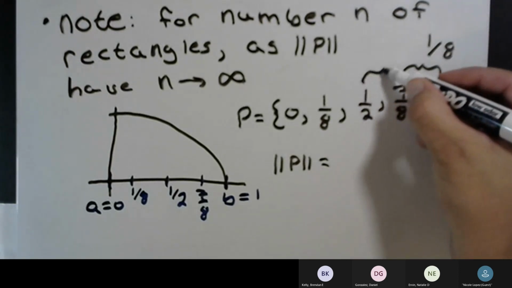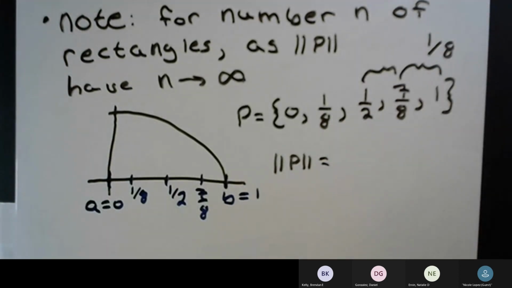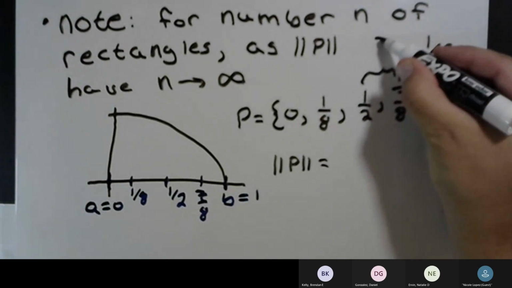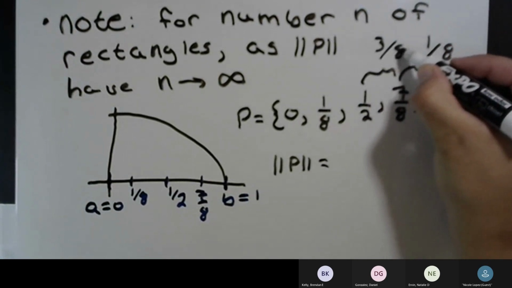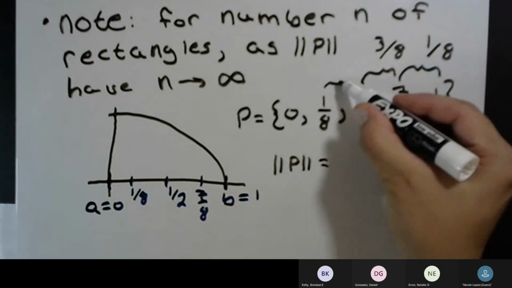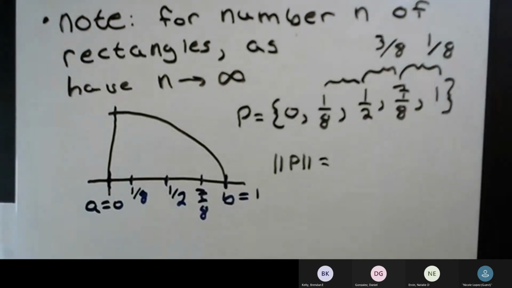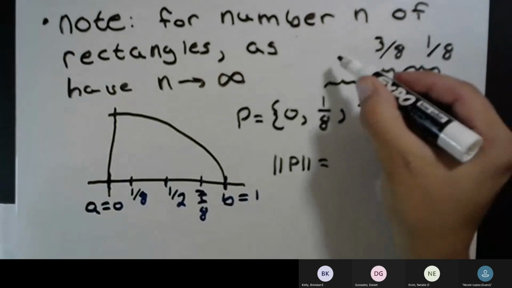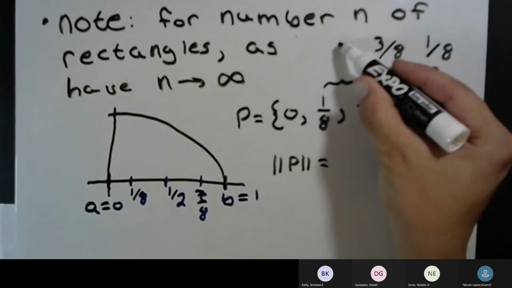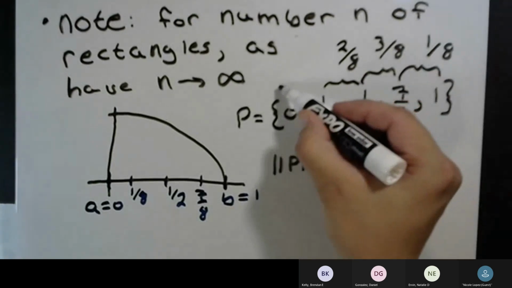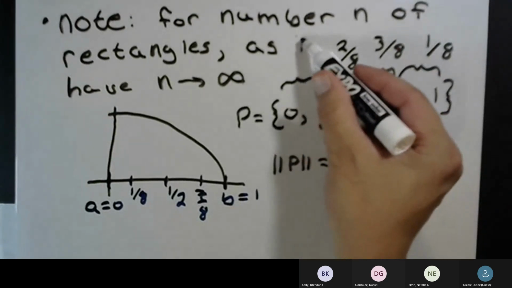Let's take a look at this one. What's the difference between these? Well, you've got 7/8 minus 4/8. That's going to be 3/8. And then 4/8 minus 1/8 is 3/8... let's just say we keep all of our denominators the same, and this last one is 1/8.